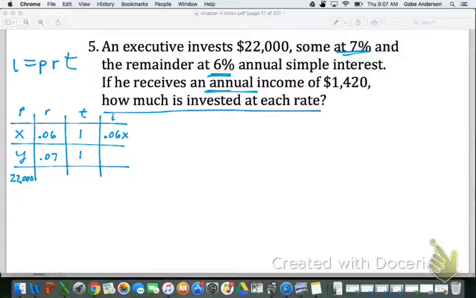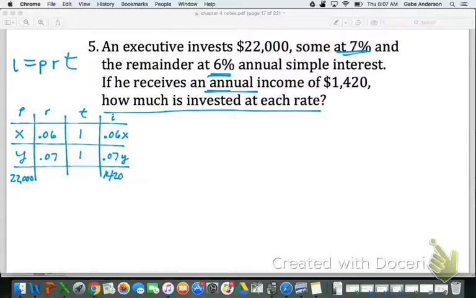And then the second row would be 0.07y. And I can get a total here as well, like so on the left column, and on the right column I can get a total. What would be the total interest that this person earned? 1,420, right? 1,420.